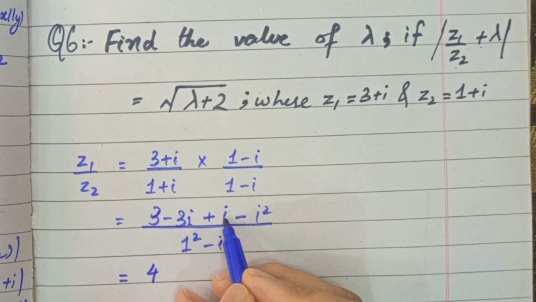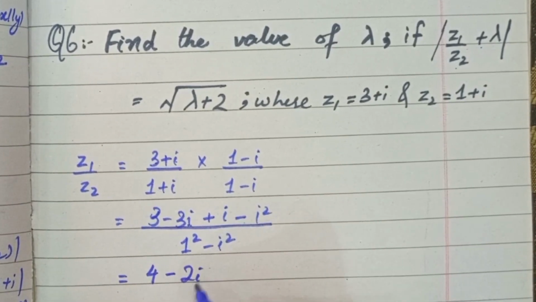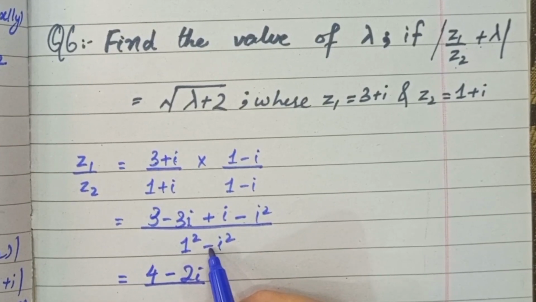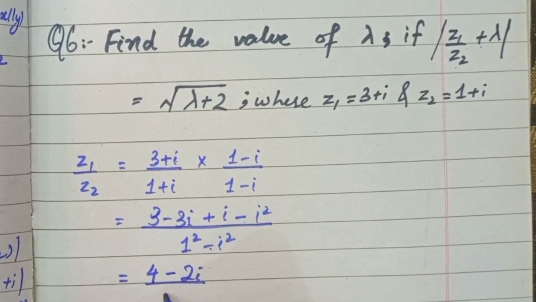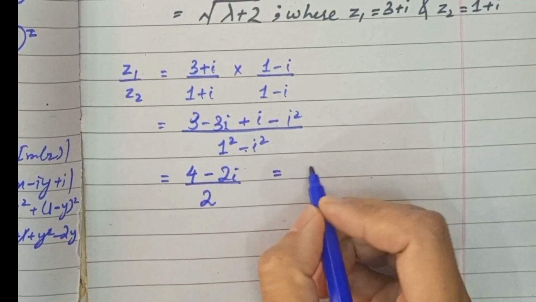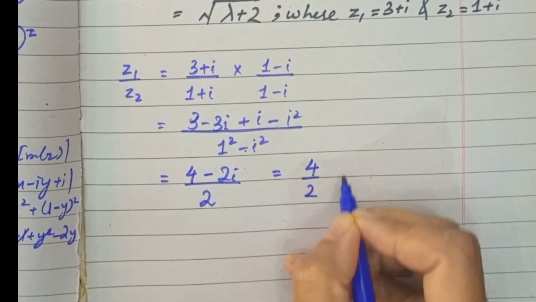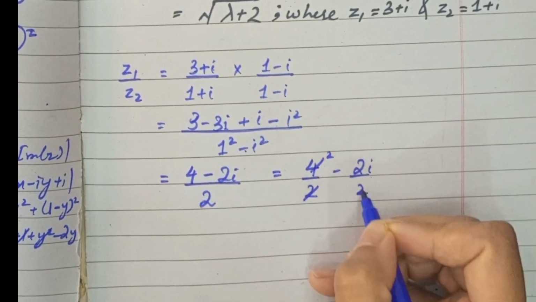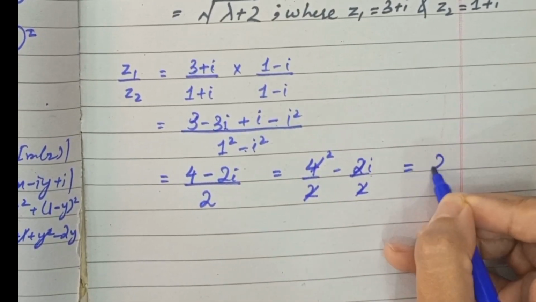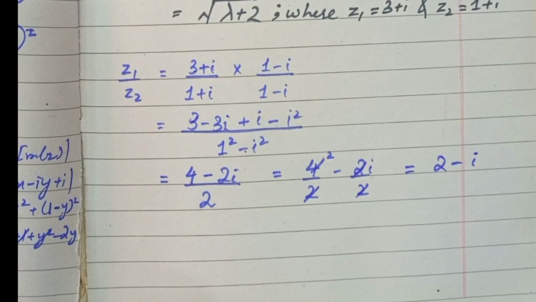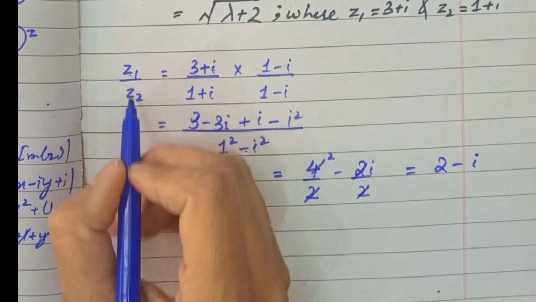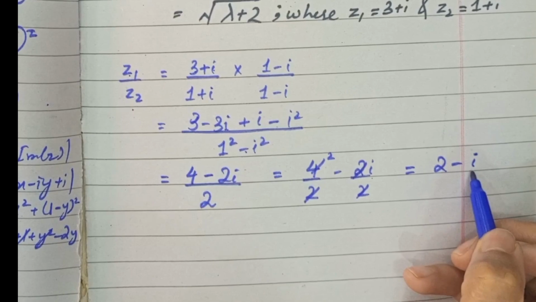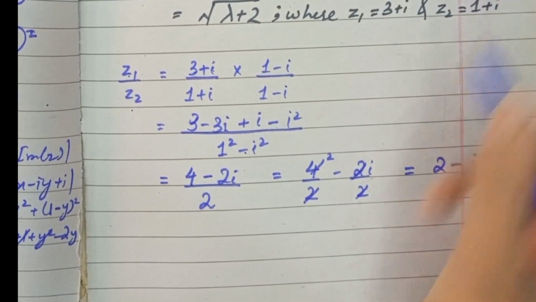Minus 3 iota plus iota will give you minus 2 iota. Iota square is minus 1, so minus minus is plus, and 1 plus 1 is 2. Further, 4 by 2 minus 2 iota by 2, cut it out, you will get 2 minus iota. So the answer of z1 by z2 is 2 minus iota. Now we are going to put it in this equation.